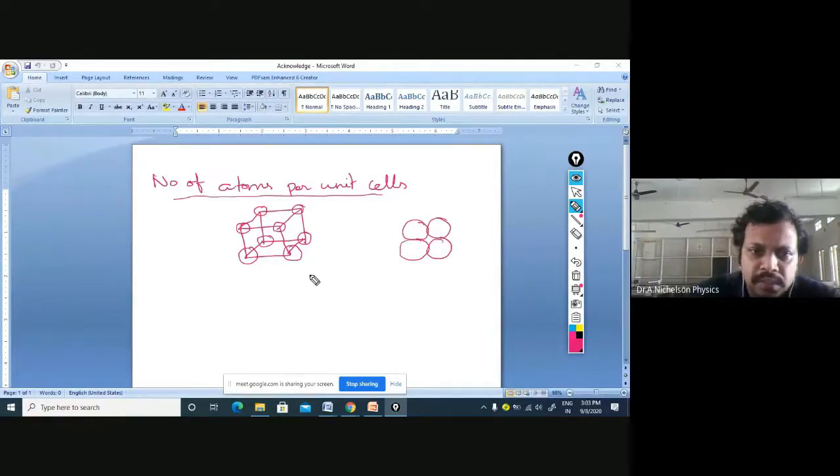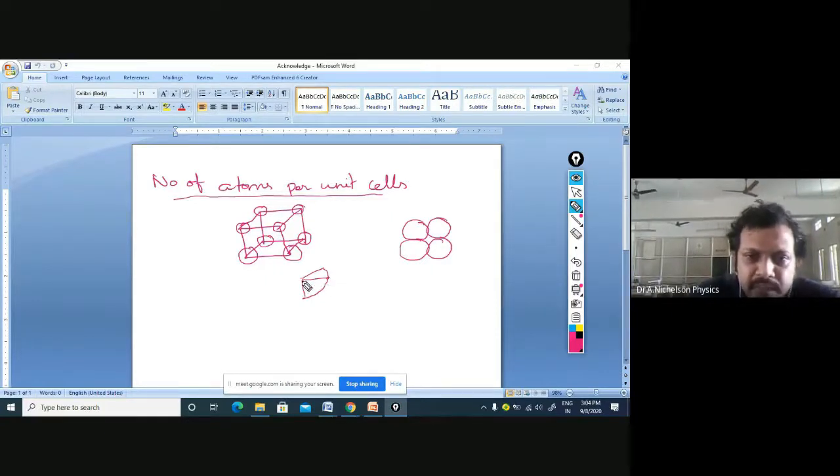Now this particular atom, just imagine a sphere, a spherical apple, and you cut it into 8 pieces. So out of these 8 pieces, only 1 piece will be inside this unit cell.